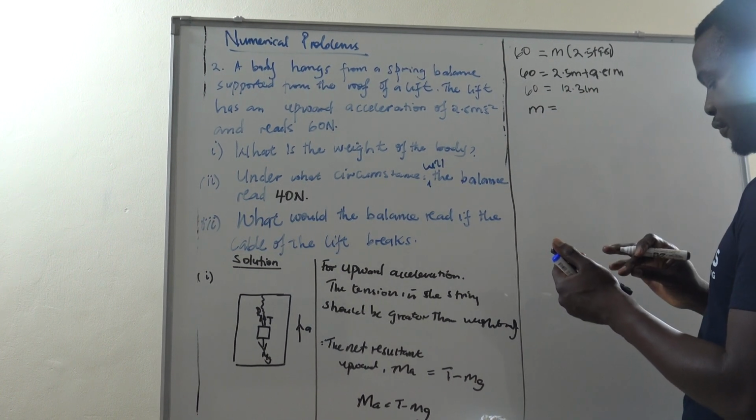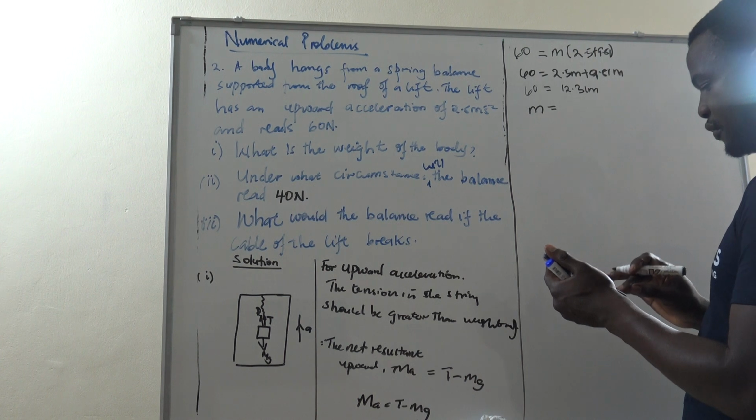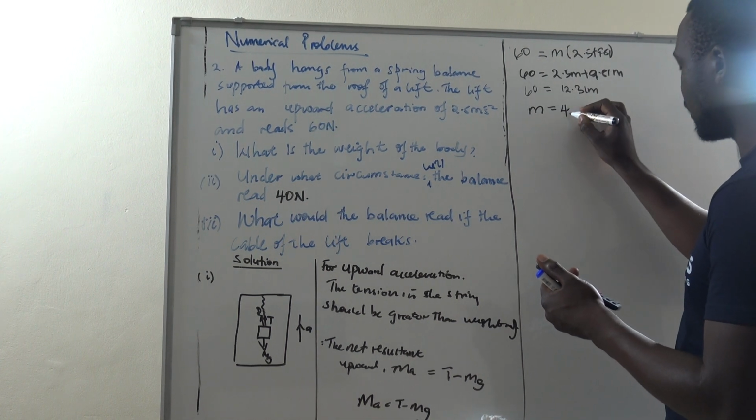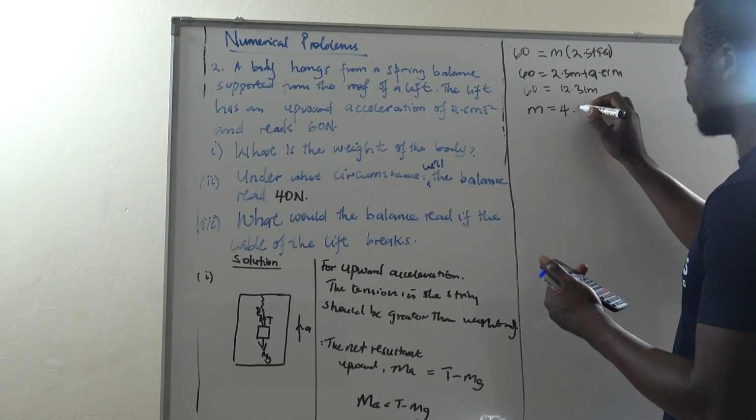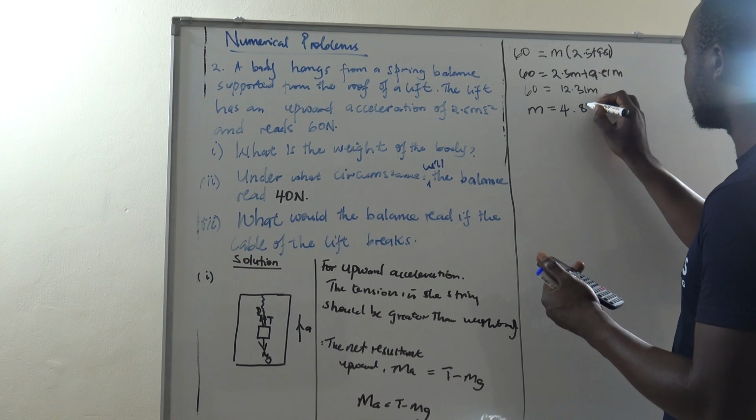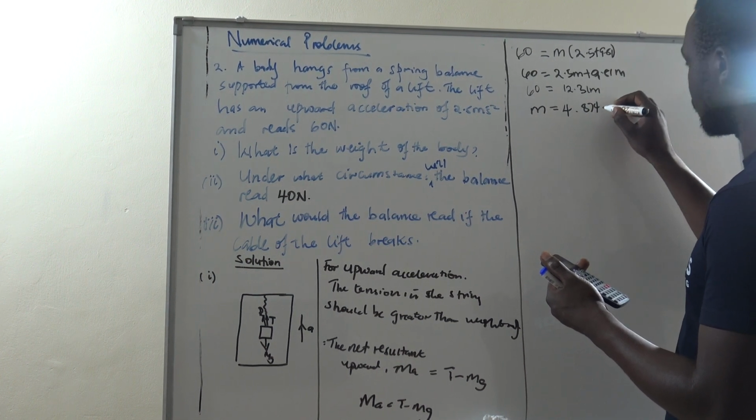We compute the value of m: 60 divided by 12.31. m is 4.8741 kilograms.